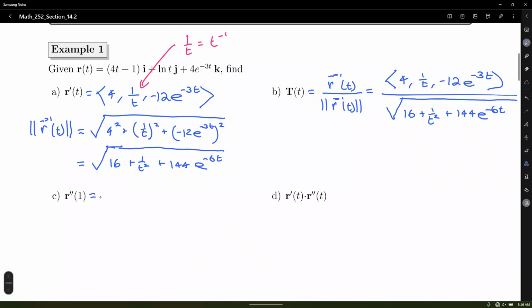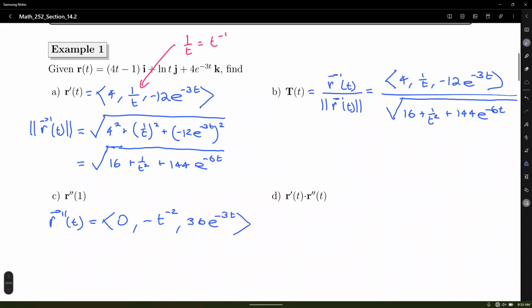Second derivative. Well, number one, we need to find r double prime of t. That's the second derivative. That's going to give us a 0. The derivative of t to the negative 1 is negative t to the negative 2. And the derivative of the last term is negative 3 times negative 12, that's positive 36 e to the negative 3t.